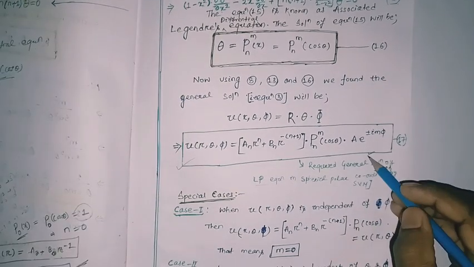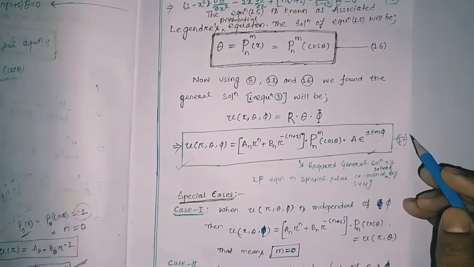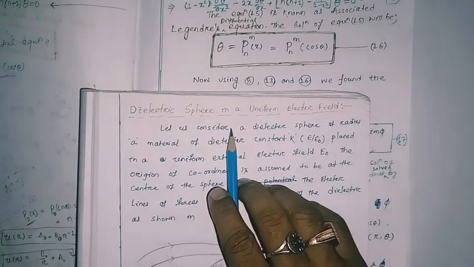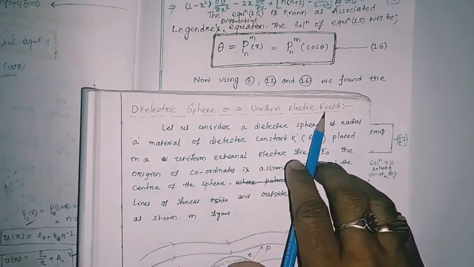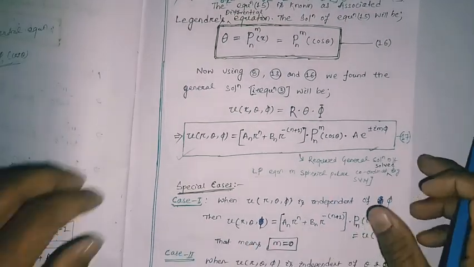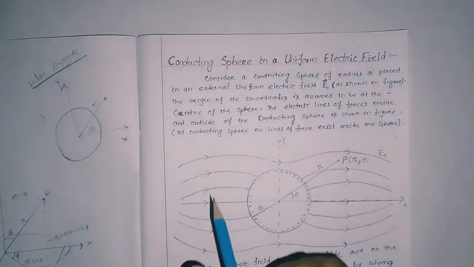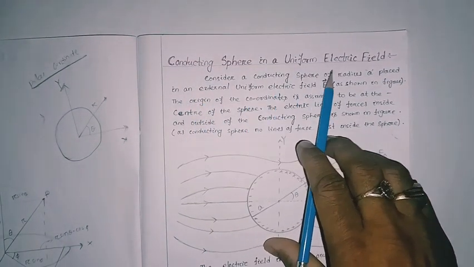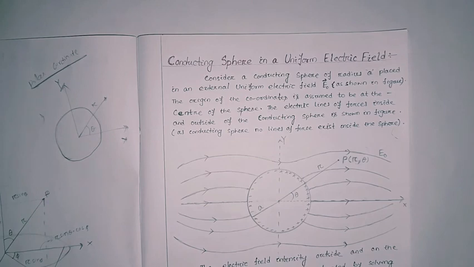This solution was used for the dielectric sphere in a uniform electric field, and it is also going to be used in today's video, that is, for a conducting sphere in a uniform electric field. Okay, so let's start.